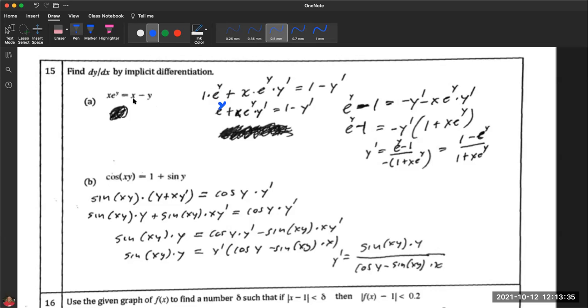Equals this here, right? 1 times x prime, but x prime is 1, so it's just 1. Derivative of y is 1 times y prime, right? Again, this technically is 1 times x prime plus 1 times y prime, which gives you 1 minus, because x prime equals 1. It's the derivative of x with respect to x. But again, we don't write that.